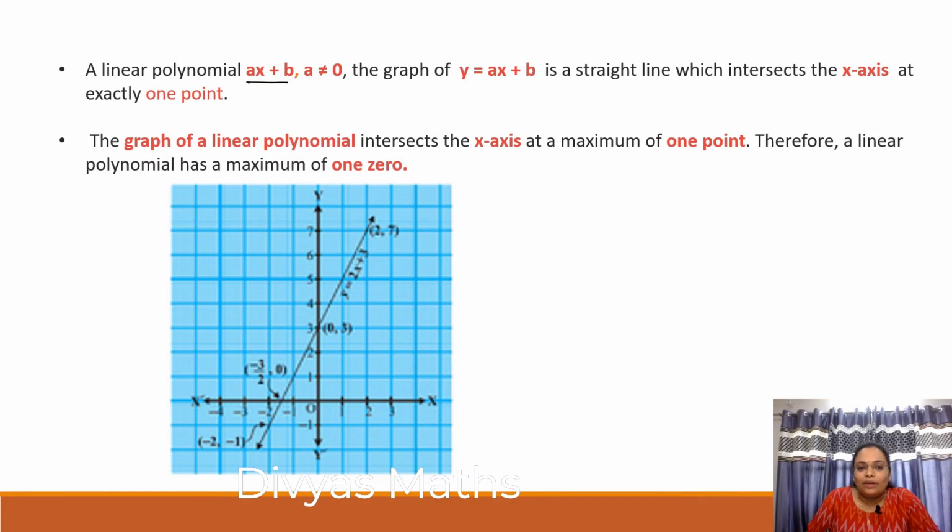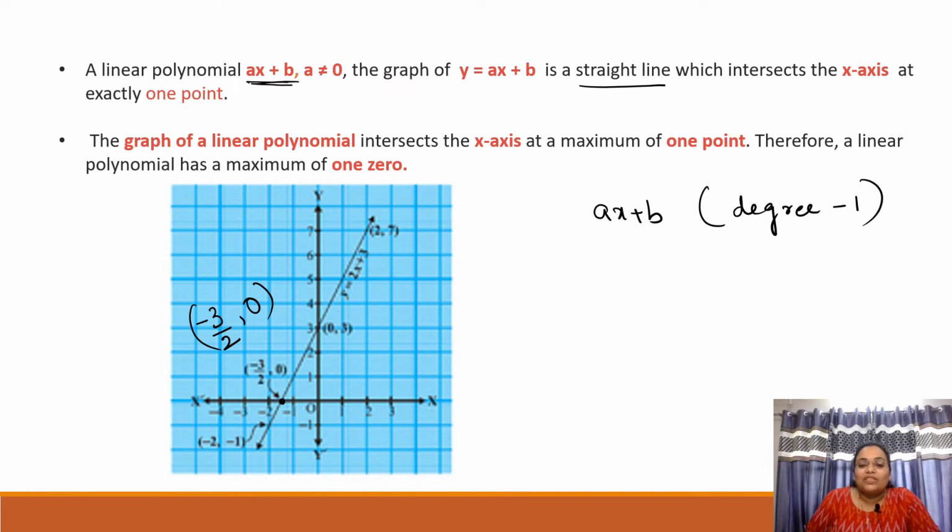The linear polynomial ax plus b is a straight line. So where it intersects the x-axis at one point, minus 3 by 2 is said to be the zero of the polynomial. Okay. As it is a linear polynomial, ax plus b, the degree of a linear polynomial will be 1.